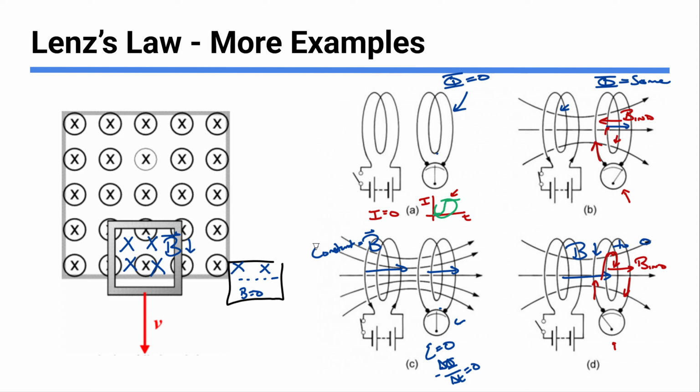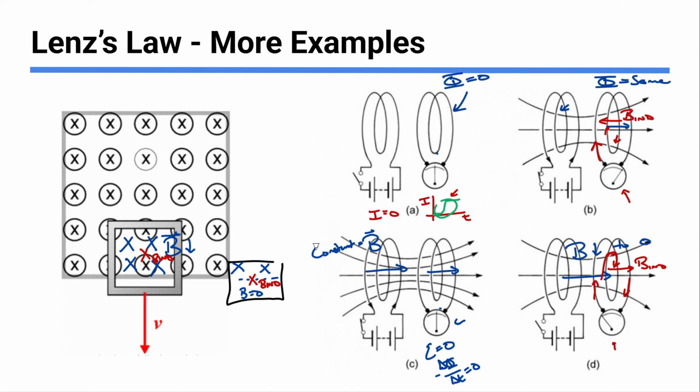To oppose that change, then, which way would the loop create its own induced B field? Well, it would create it into the page as well to make up for what it's losing. It's trying to keep a large amount of flux into the page just because that's what's happening already, and nature hates change. So it's going to try to oppose losing some B fields into the page by making up for them, making some of its own.